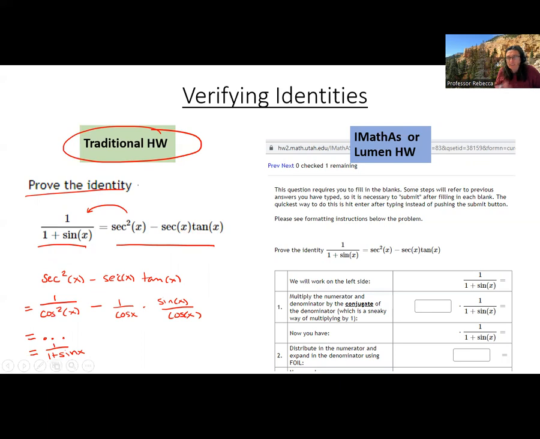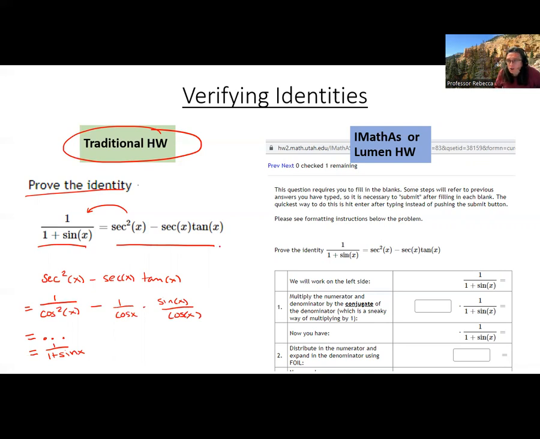Because of all the different options, it's complicated to program homework problems for proving identities, because every student could have a different but equally correct approach to the identity. Or similarly, you could have a partly correct answer with some errors, and figuring out how to judge that you've shown enough work and that it's correct gets tricky.